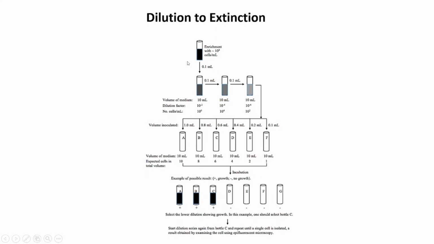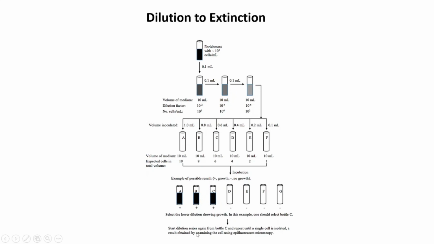The sample will have a lot of microorganisms that we cannot count, so we dilute it to extinction, as the name is self-explanatory. We keep on diluting until we reach a single cell. Amongst the vials that have growth, C might have the lowest amount of growth.